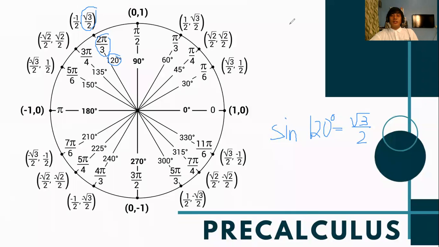Now, what if you were given cosine 750 degrees? This is how coterminal angles work. Because again, when we pertain to a unit circle, 360 is one complete revolution, and 720 is a second complete revolution.